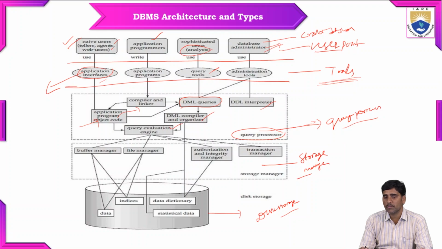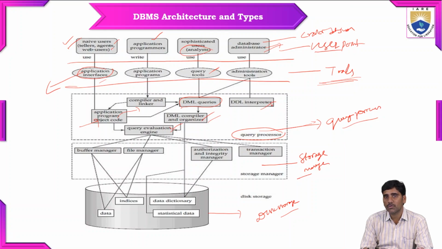What the query processor actually does is take all the DML queries, all the DDL queries, and all the program object code, and the code is compiled and linked with the help of the query evaluation engine, DML compiler, or DDL interpreter.